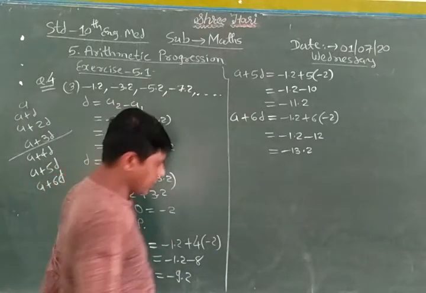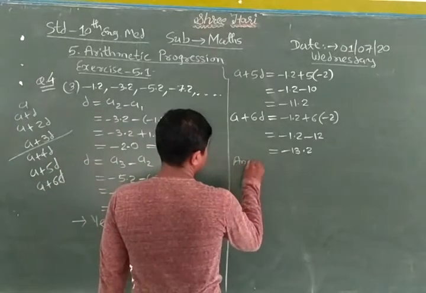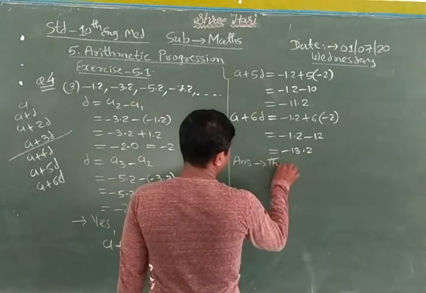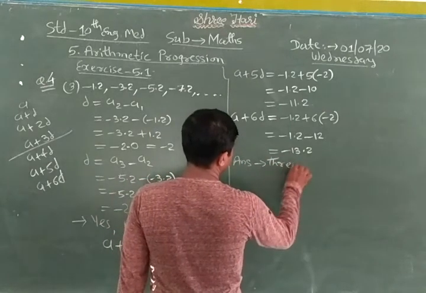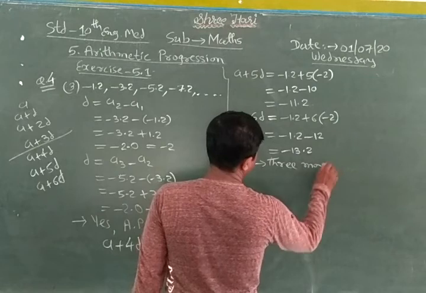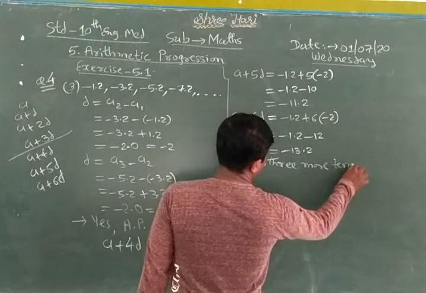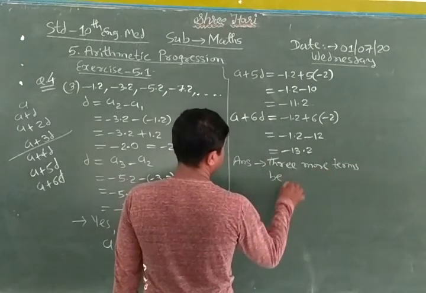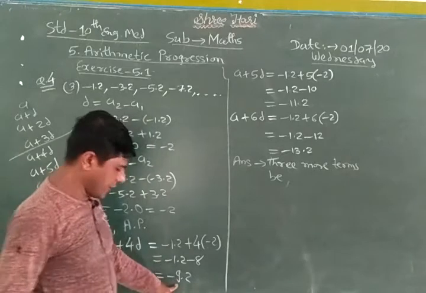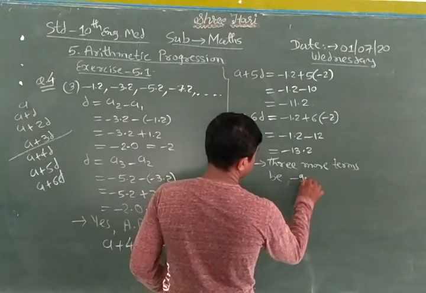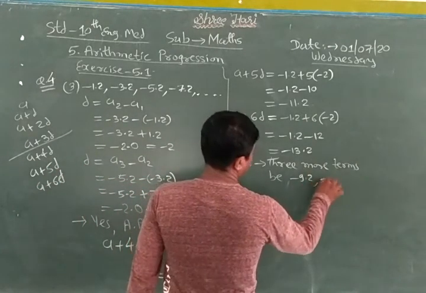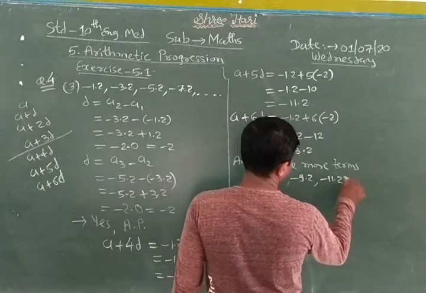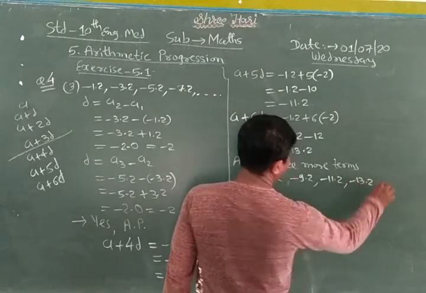So write down the answer, 3 more terms: minus 9.2, minus 11.2, minus 13.2. This is the answer.